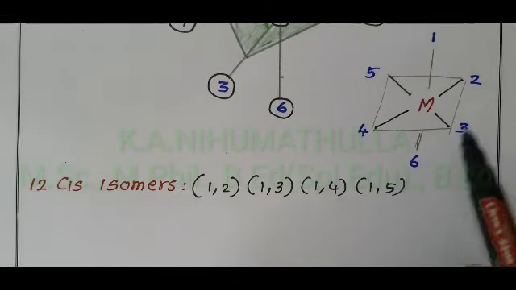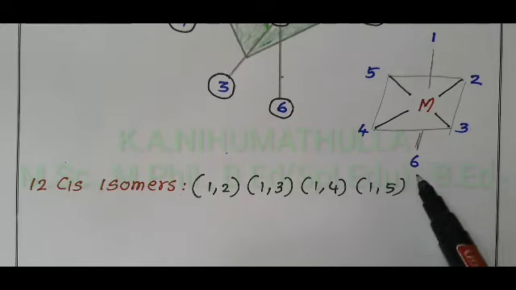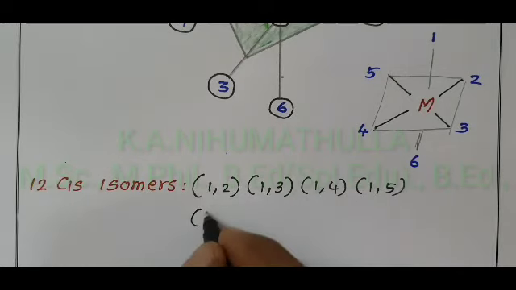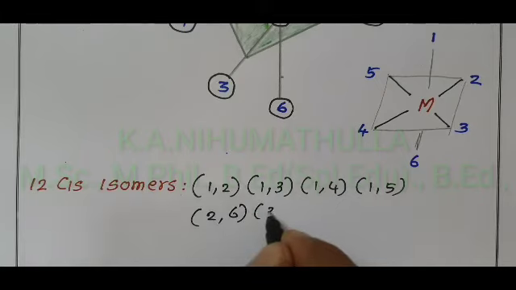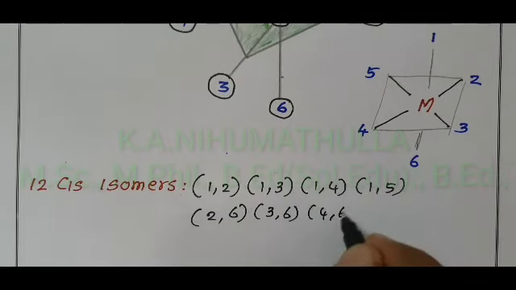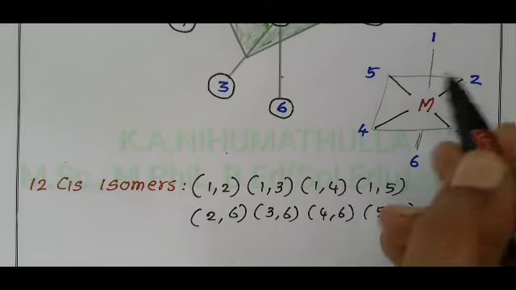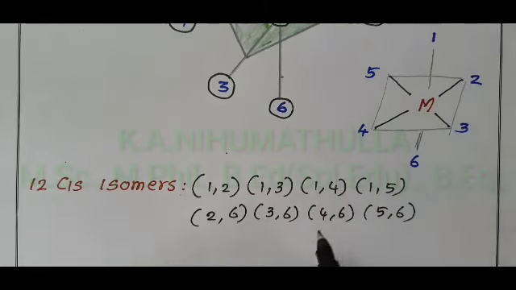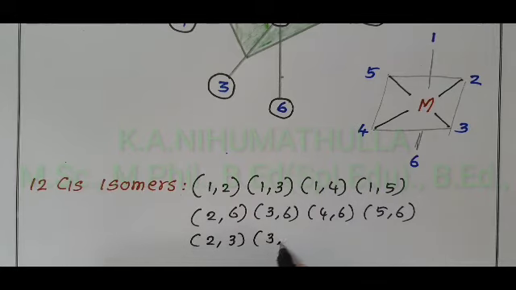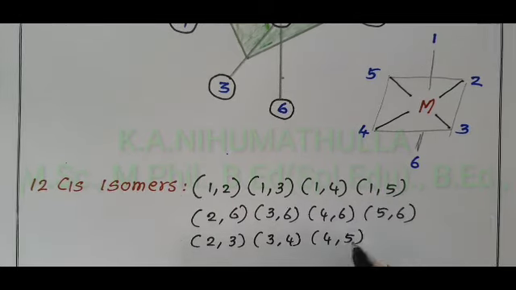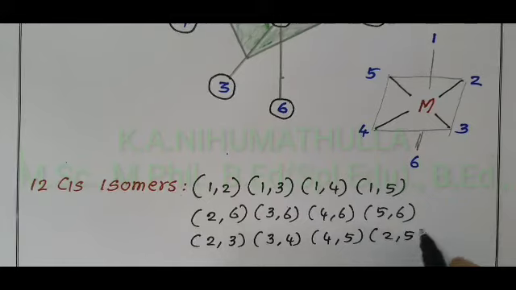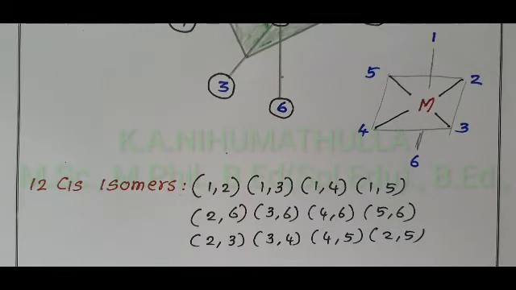Then all corner positions are linked with the sixth position below the plane: 2,6; 3,6; 4,6; 5,6. Then make a round in this square: 2,3; 3,4; 4,5; 5,2. So these are the 12 positions for cis isomers in octahedral complexes.